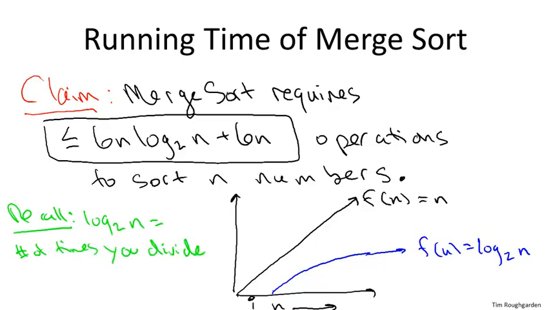So f of n being log base 2 of n, and I encourage you to do this a little more precisely on a computer or a graphing calculator at home, but log is going much, much, much slower than the identity function. And as a result, a sorting algorithm which runs in time proportional to n times log n is much, much faster, especially as n grows large, than a sorting algorithm with running time that's a constant times n squared.